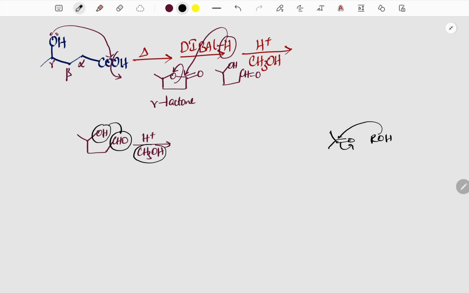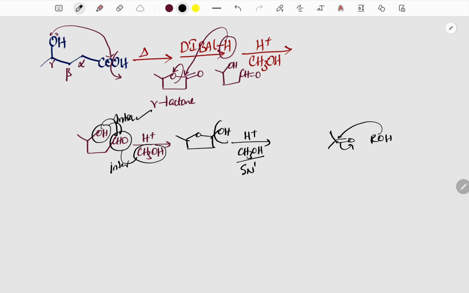So here one is intramolecular and one is intermolecular. First preference is intramolecular. So through intramolecular it forms the corresponding hemiacetal.